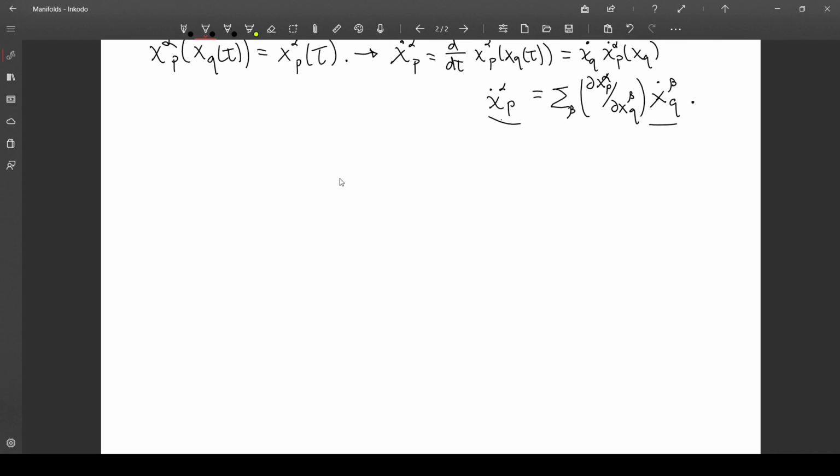All right, and so this is showing an explicit example of what a tangent vector is. So a tangent vector is a more general object.